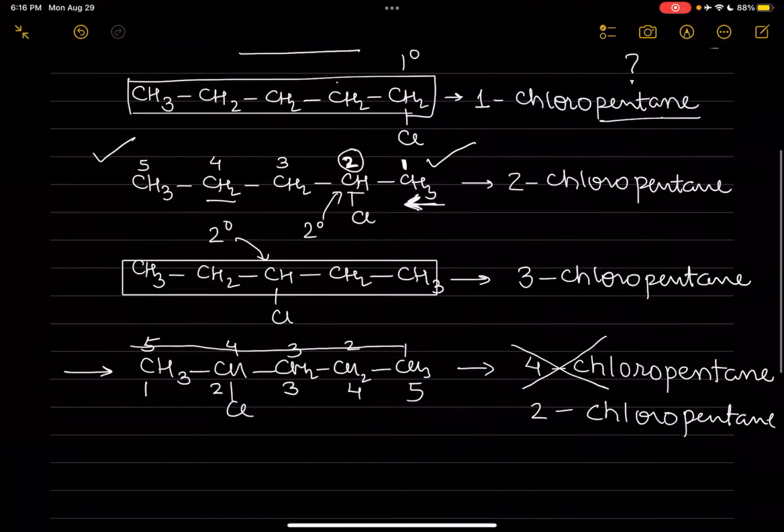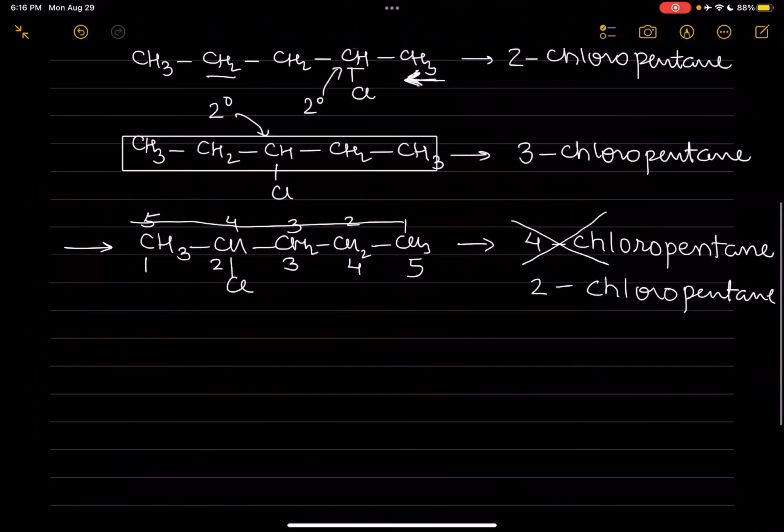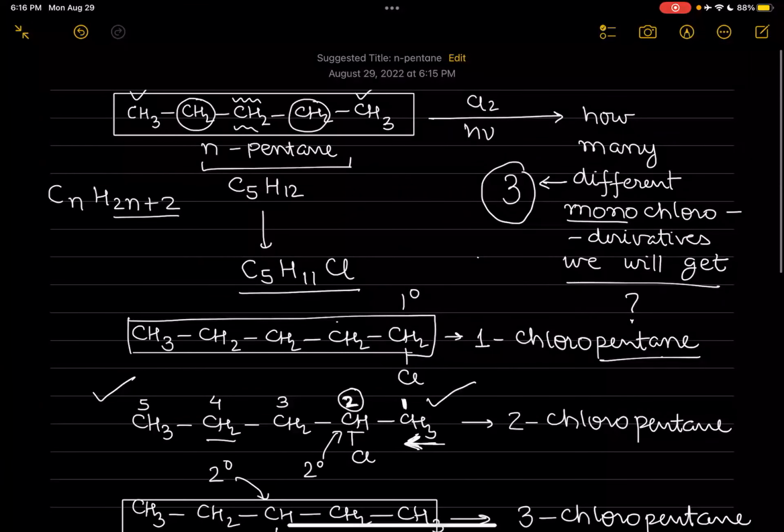And the next thing is, how can we prepare alkyl halides? From alkanes, you can prepare alkyl halides by doing halogenation in the presence of light, sunlight or UV light. Why light?